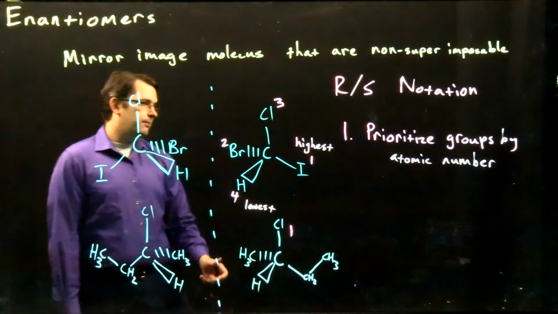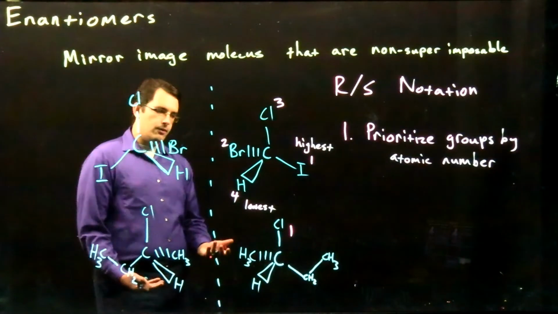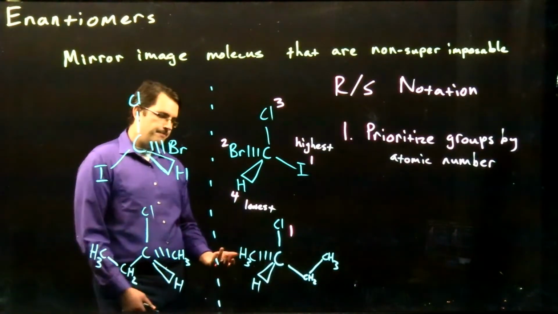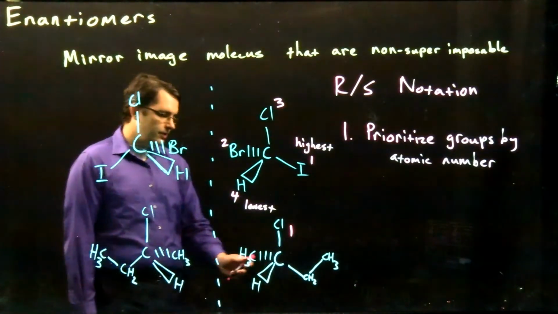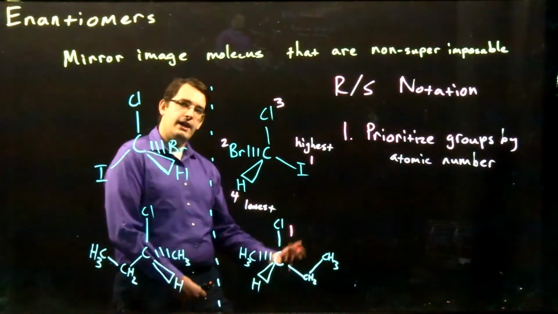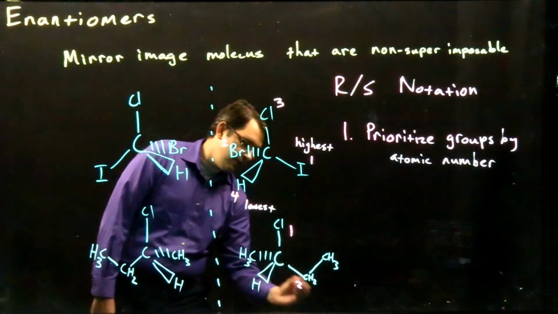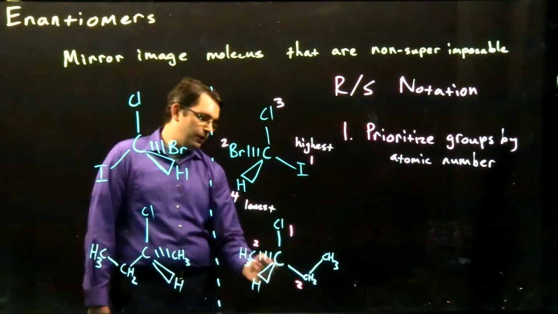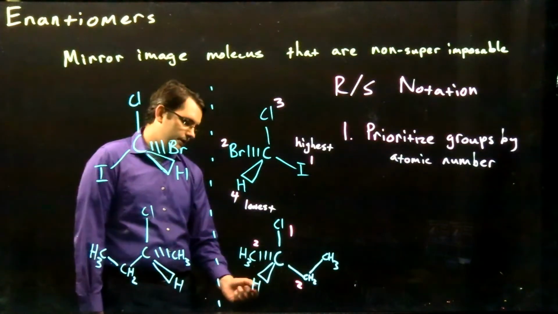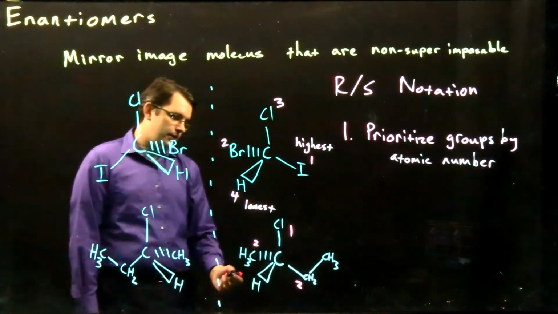But in terms of ranking priority, if I'm ranking based on atomic number, 2 carbons, of course, have the same atomic number. So in this case, I have to break the tie by looking at what's connected to that carbon. The carbons are both tied at 2, and then we go to that carbon and consider what's attached there. So this carbon has another carbon and 2 hydrogens.